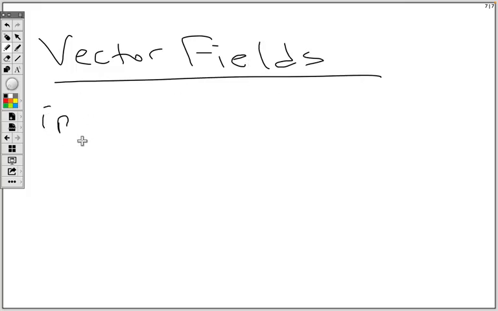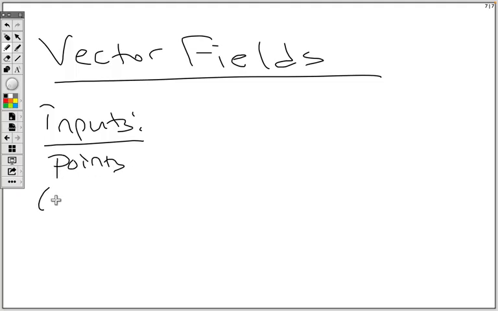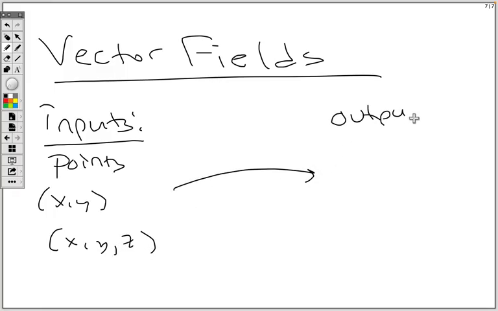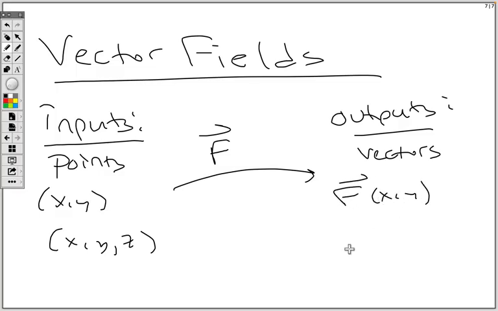So your inputs are going to be points, xy or xyz, and your outputs are going to be vectors. So we'll have a capital F, so capital F of x, y or capital F of x, y, z.